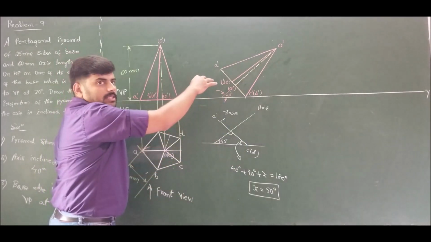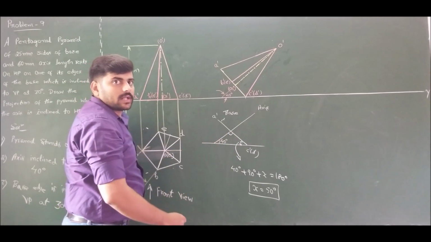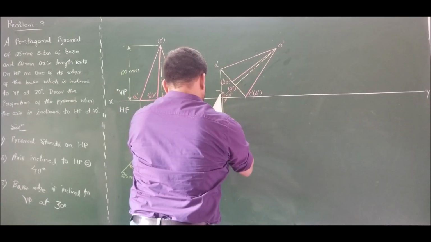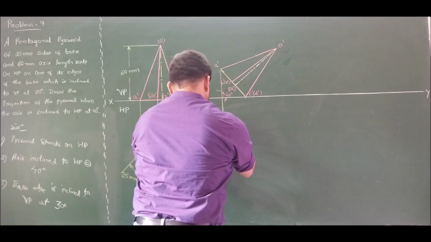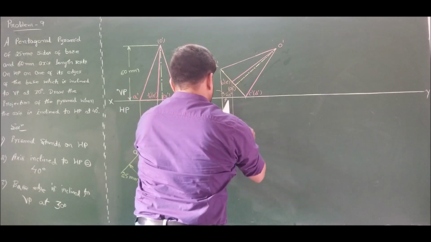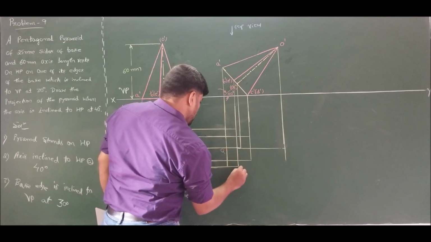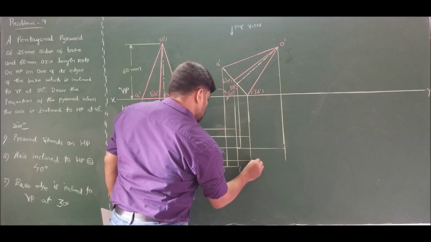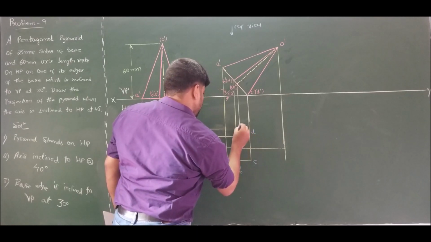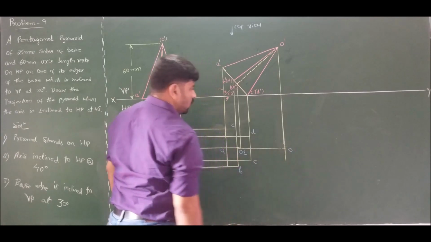Now take the projection vertically downwards and also from horizontal, mark all the corners. Marking the corresponding corners, I will get A, B, C, D and E. The centers are O1 and O.